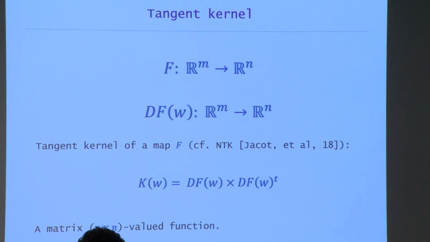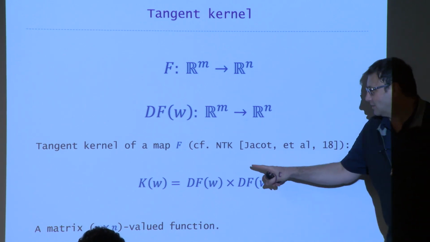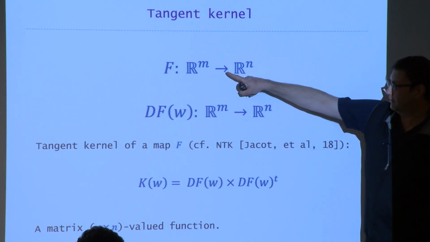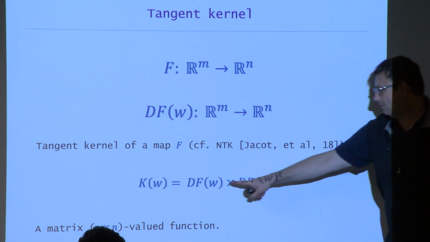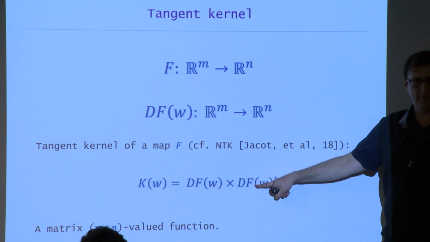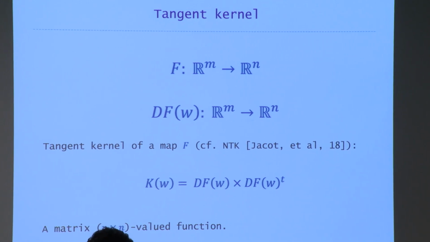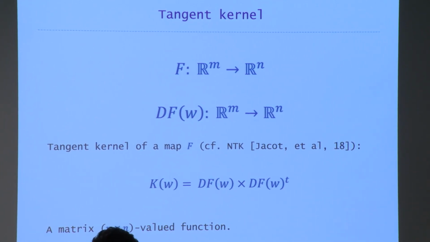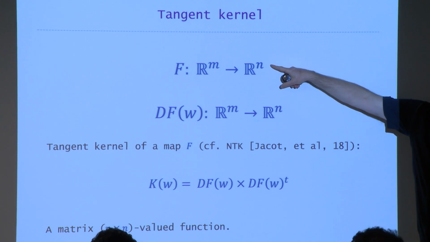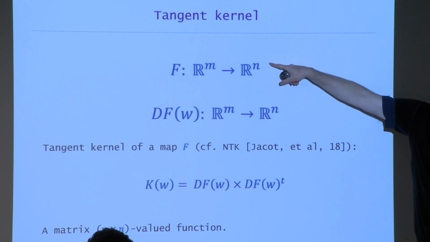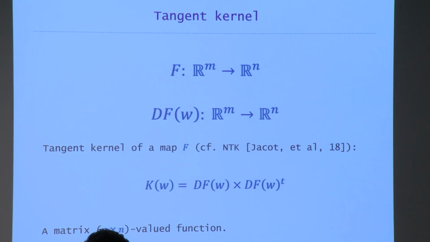It's essentially the derivative: you take the derivative, which is an m by n matrix, and you multiply it by its transpose. So it's a matrix whose size is n by n. If you think about a learning problem, n is the number of data points. So that's a matrix. It's a matrix-valued function, to be precise.